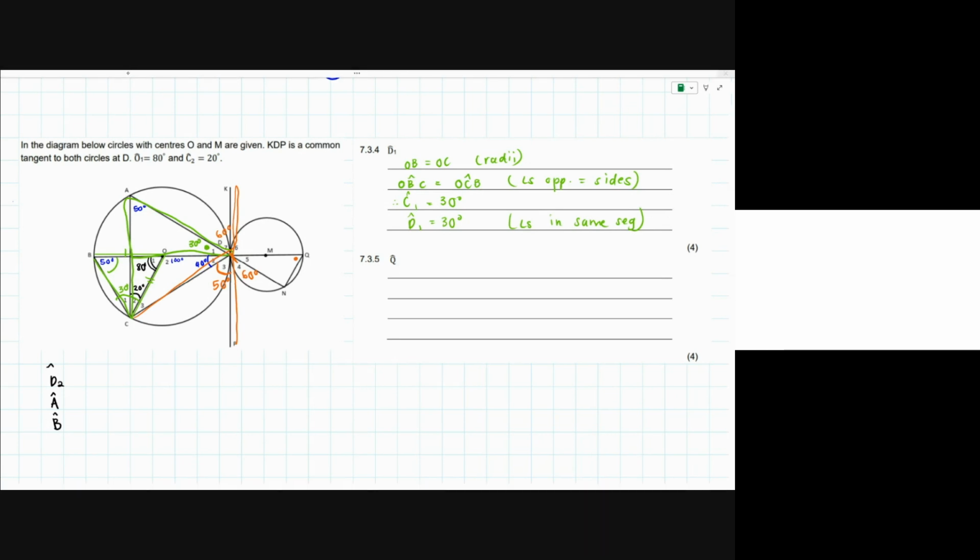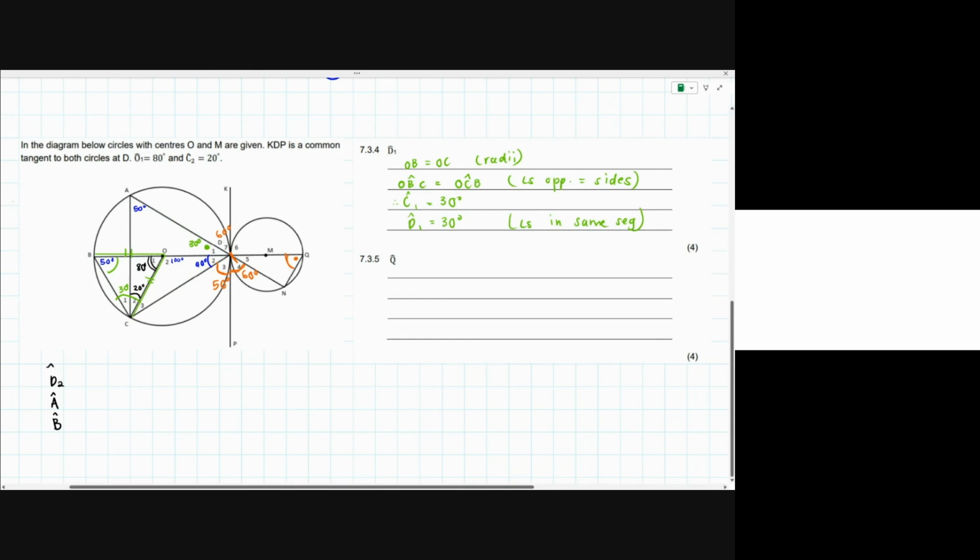Let me just take off this little scribble here so we can see that. Look at that. So D4 and D7 are vertically opposite to each other. And so that therefore means that, again, tan chord theorem, Q is equal to 60 degrees.